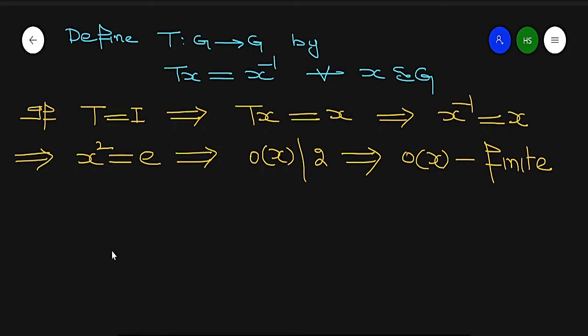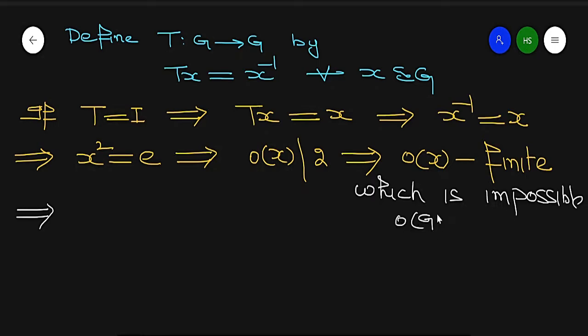Which is not possible, which is impossible, since the order of G is infinite. So it implies T is not equal to identity.